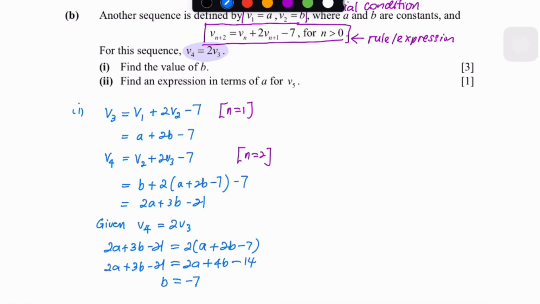Why is my B not 7? 2A plus 5B, sorry, this one is 5B. Then V4, 5B. Then this will be positive 7, correct? 5B. Okay. So this is method 1. Sorry, because I tried this and I was stuck, but yeah. But if your math is correct, then it should be okay.